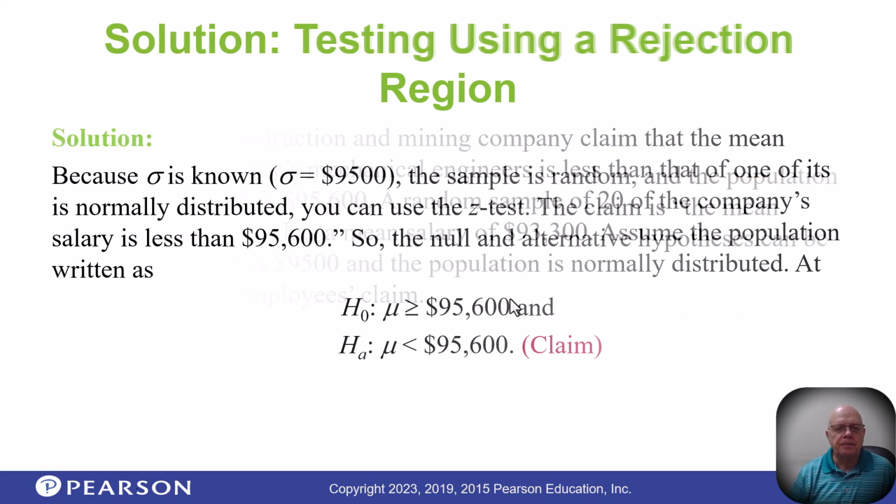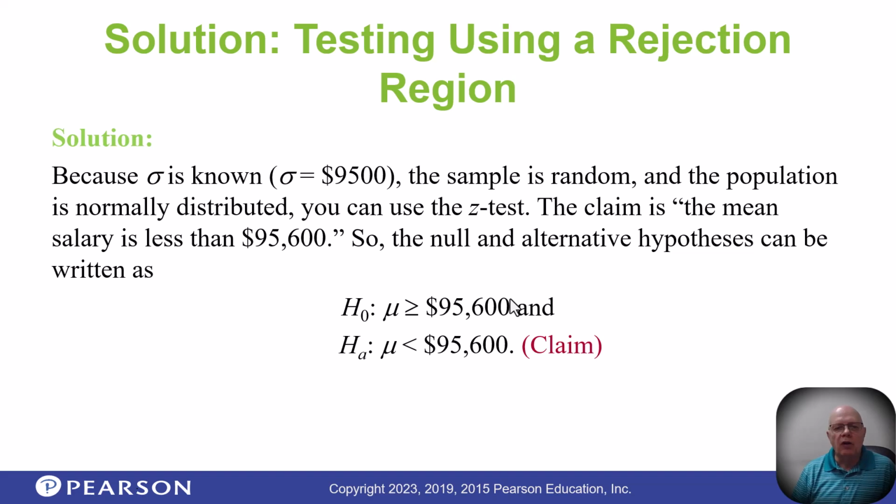So we've got our null and alternate hypothesis. This is what our claim is. So we're going to use this after we find out whether we reject the null hypothesis.